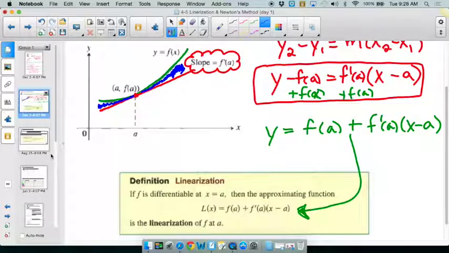Because otherwise the difference is too big. That gap is too big otherwise. So as we get closer and closer to a, we get this tiny little gap, and we end up getting a pretty reasonable guess. And certainly dealing with a line is a lot nicer than dealing with a curve. So that's how we're going to use this linearization. As long as we're close to a, let's just use it as a reasonable approximation. Okay? So that's what this whole yellow box says.